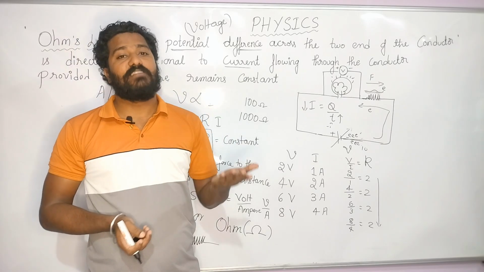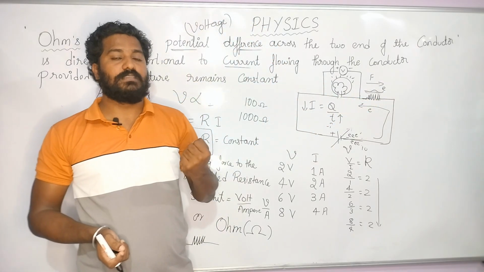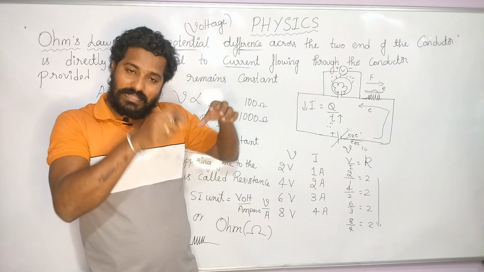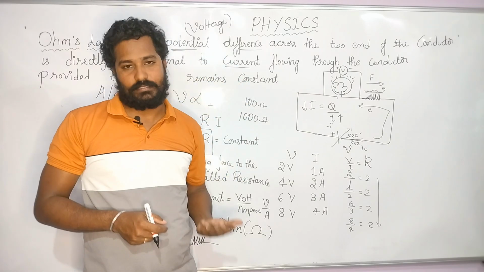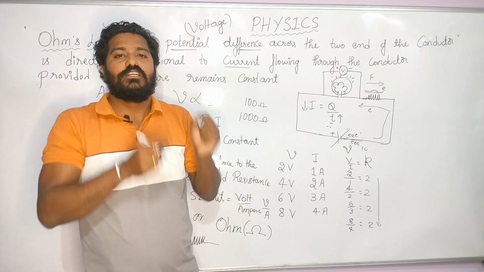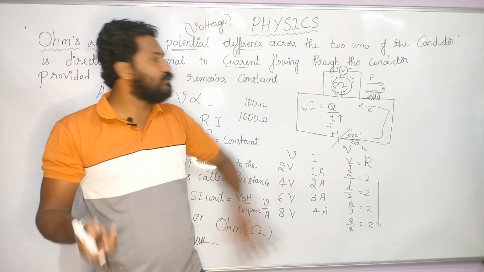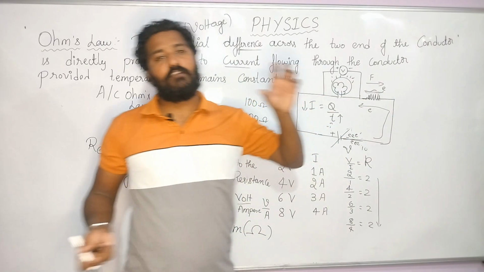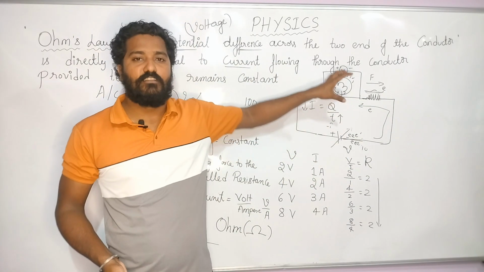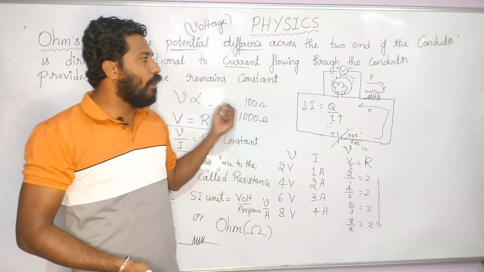Because more resistance is being added. When you add more resistance, the current in the device will be very less, so that the component works. If there was no resistance, you would have plugged in directly, more current would flow, and the device would have burned. Yes or no? So this is the permanent resistor.